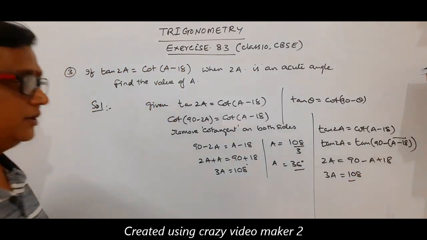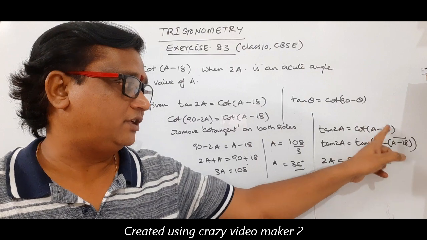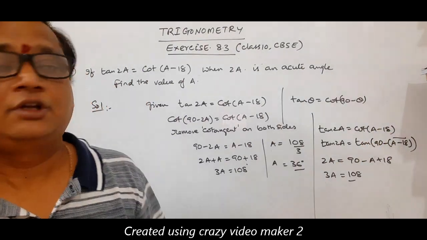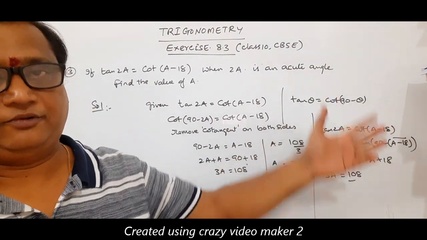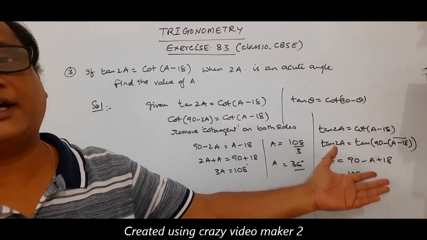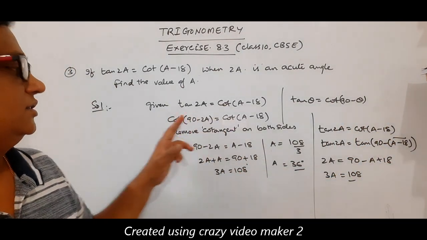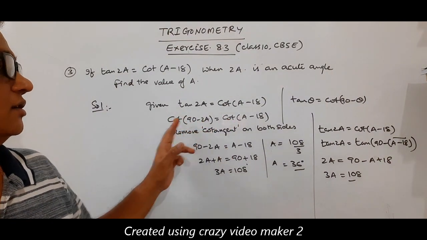Some people are confused about this 90 minus. It should be in brackets. If you are not putting brackets, there is a little bit of a problem. That's why I am not touching this method. If you do vigorous practice, more practice, you can understand. Otherwise, simply you can do like this: change this tan only, so 90 minus 2a and cot of 90 minus 2a.